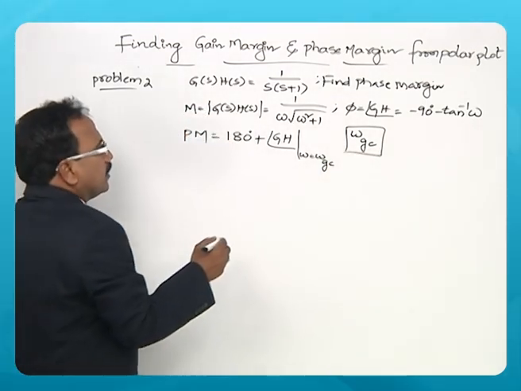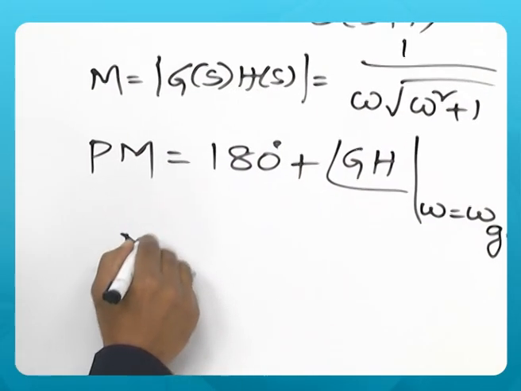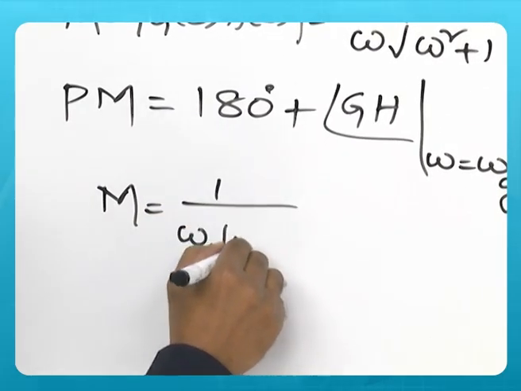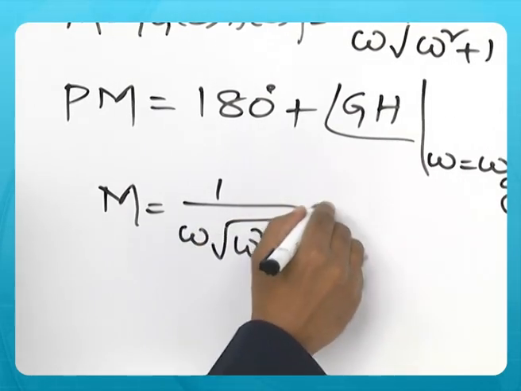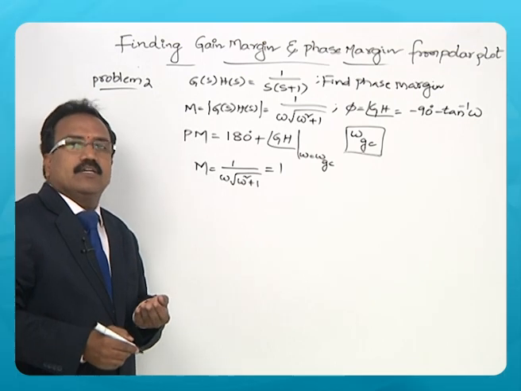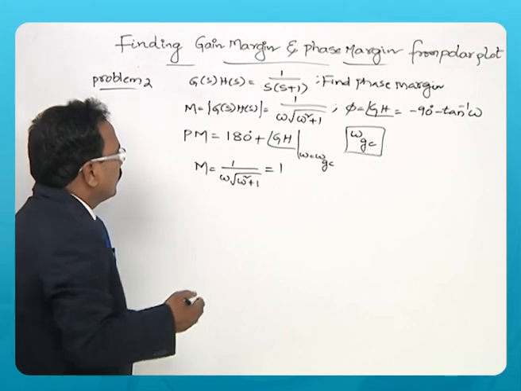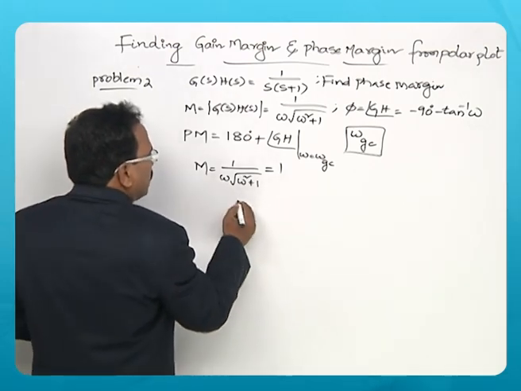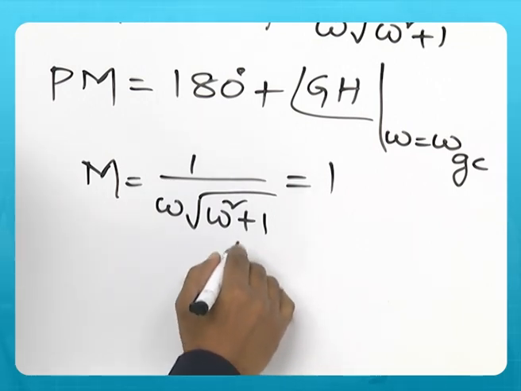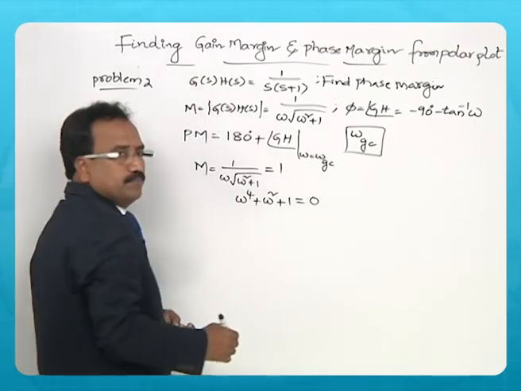For this, I must equate the magnitude term to 1. So, the magnitude is equal to 1 by omega under root of omega square plus 1, which should be equated to 1, and evaluate for omega. So, that omega is nothing but omega GC. So, you can see now it is omega power 4 plus omega square minus 1 equal to 0.